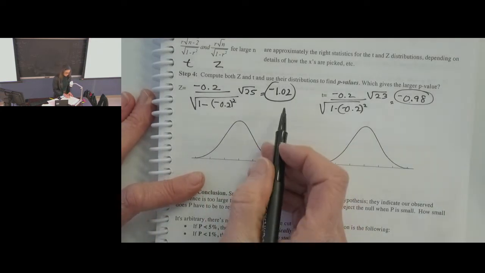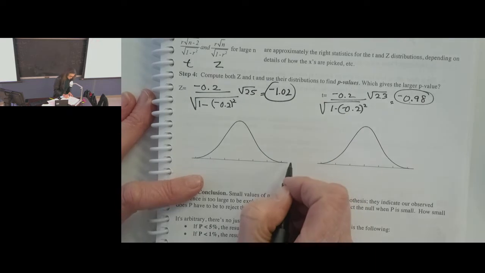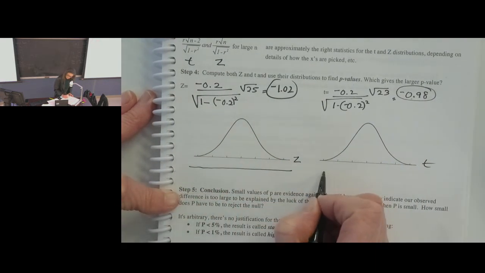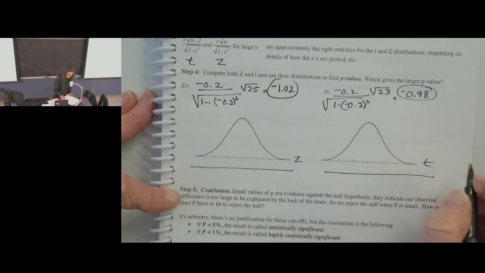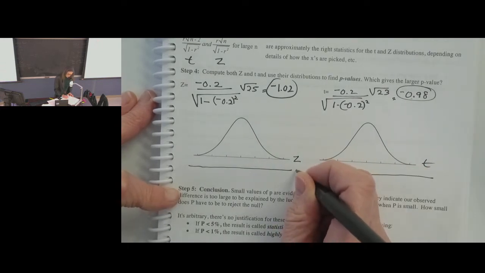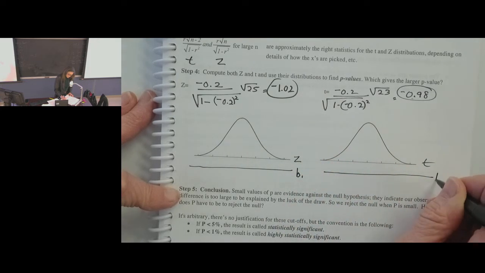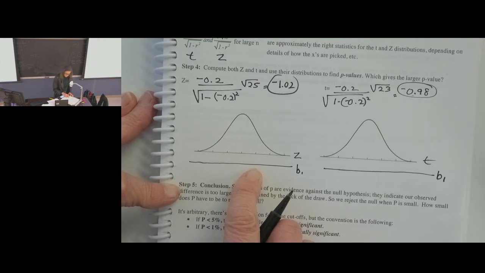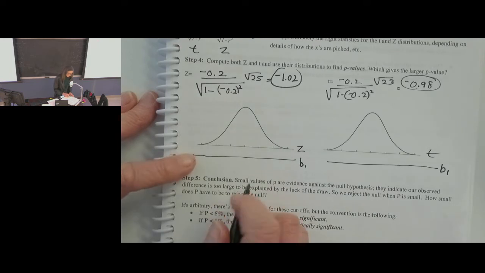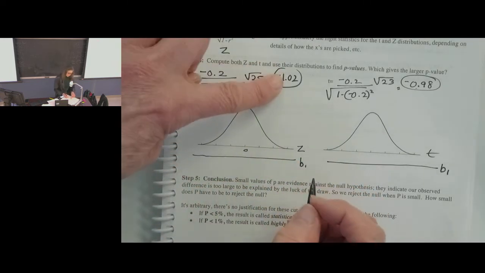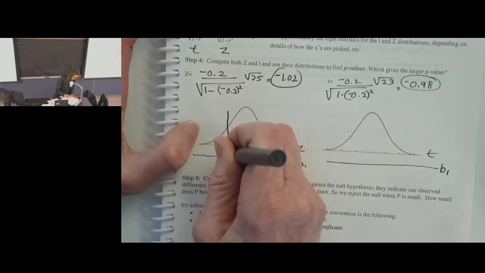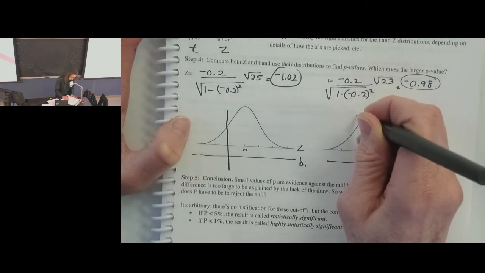So now, let's do a z and a t. For both of them, we have another axis underneath that's really our sample slope, and we want to match that up with this. Negative 1.02 here, tiny, tiny tail. And here we get negative 0.98, almost the same.